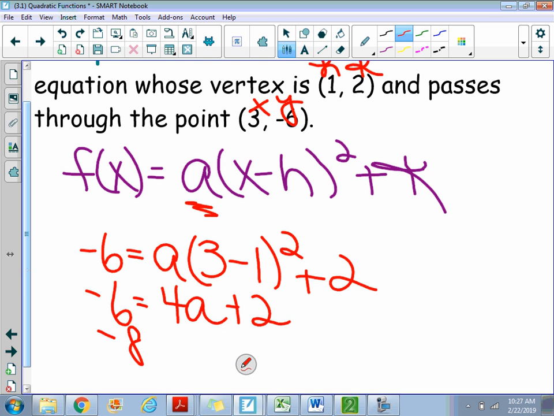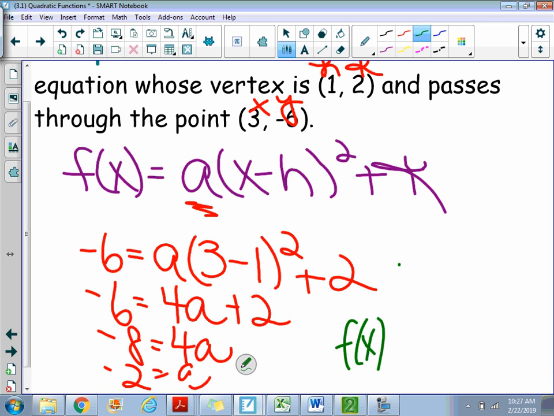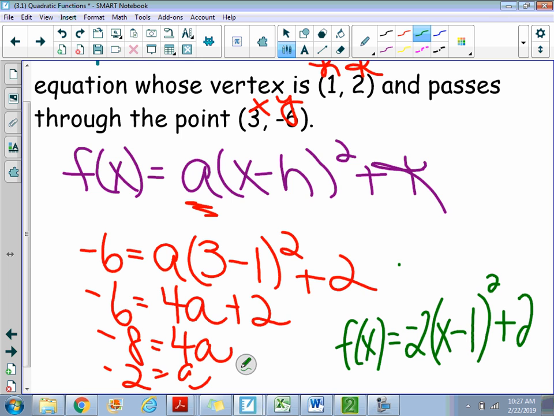So negative 8 is equal to 4a, and a is negative 2. Don't stop there, though. The question is, I want the equation, so my equation would be f of x is equal to, my a was negative 2, times x minus 1, squared, plus 2. Beautiful, that's it.